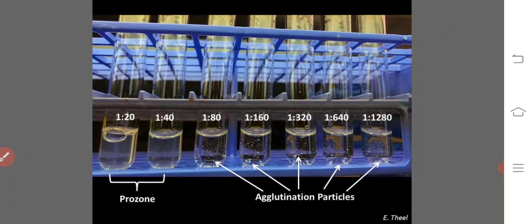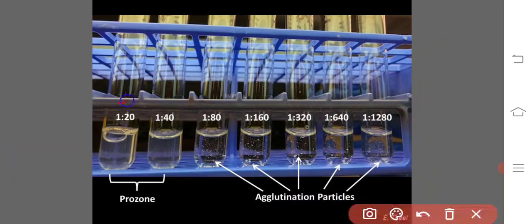These agglutination tests detect antibodies to the bacterium Brucella abortus present in the serum of an infected individual. How will we do that? Some test tubes are taken containing twofold serial dilutions of the serum.